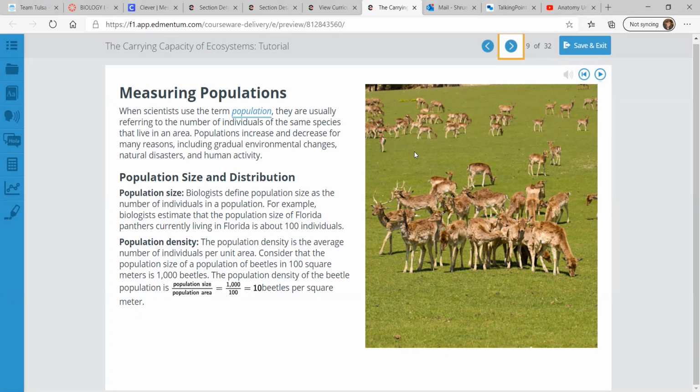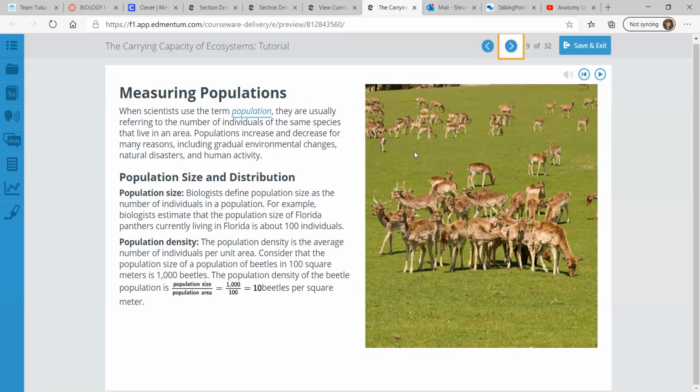Populations increase and decrease for several reasons, including gradual environmental changes, natural disasters, and human activity. Population size and distribution: we look at the size of the population, but also how a population is spread out within an area.